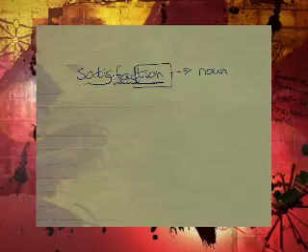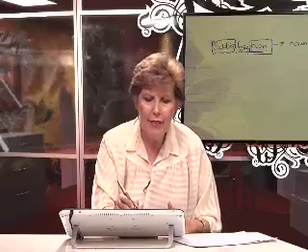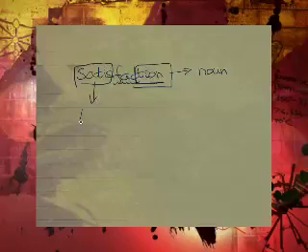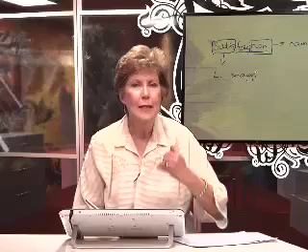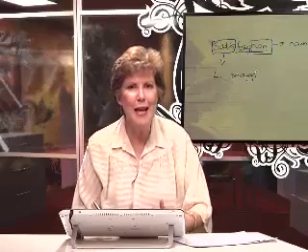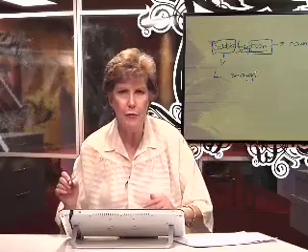And then we've got this. This is your root. Now we talked about roots coming from other languages. It is useful to know that that word comes from the Latin and it means enough. So if you say satisfaction, it is the noun which means the state of having enough.